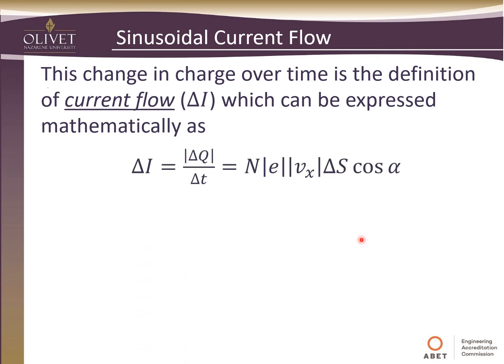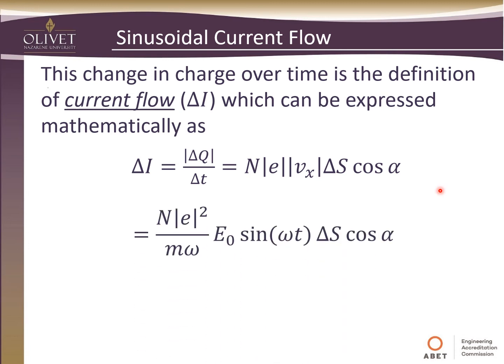And so we can express this now as this change in current flow is equal to the magnitude of the change of charge over time. And so pulling back from definitions we had previously, we'll have n, magnitude e, magnitude velocity, the size of our area times the orientation of it with the x-axis.